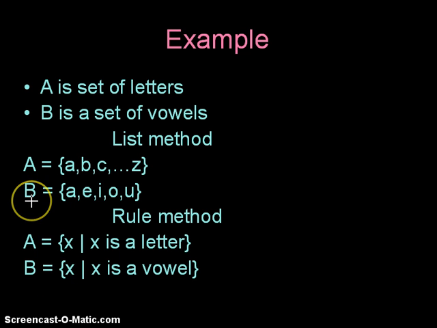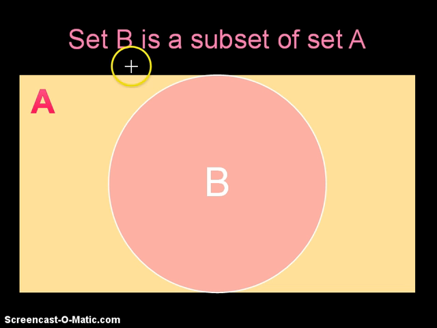Since B is a smaller set, we can say that B is a subset of A because the elements of B can be found in set A. So by using a Venn diagram in representing these sets, we can say that set B is a subset of A. What are the elements in set B?